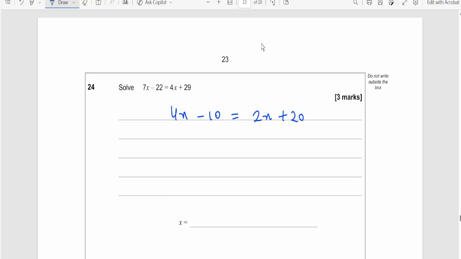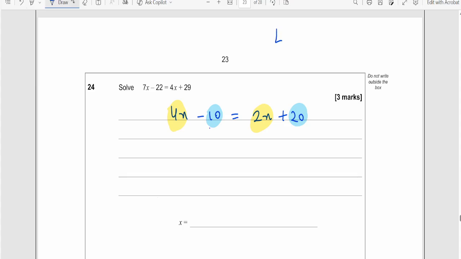How did you get 6x? I did 4x minus 10. But you can't add or subtract unlike terms. You can only add x terms with x terms and numbers with numbers. 10 does not have x, so you can't add these. You can add or subtract number with number and x term with x term. These are called like terms, meaning same variable.